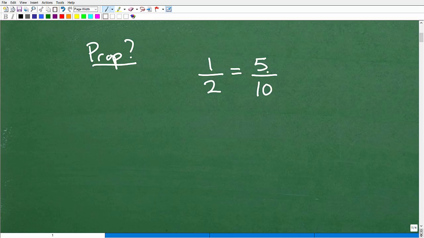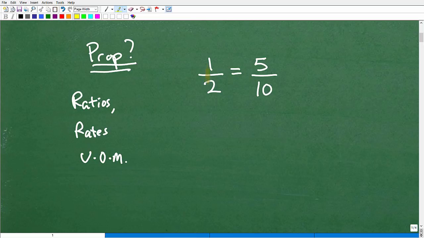Now sometimes proportions are taught related to these topics. Those are ratios and rates. And rates and ratios are themselves fractions or specific types of fractions that have to do with units of measure. We're not going to get into that too much in this video, but just know that when you are told that something is a proportion, the idea here is that we have two equal fractions, one fraction equal to another fraction.